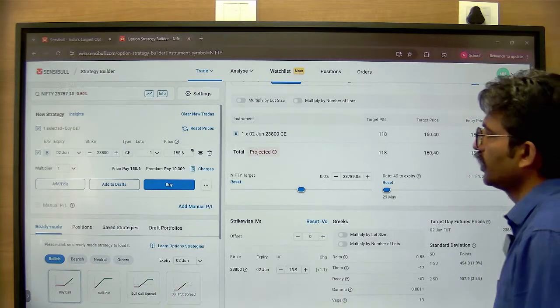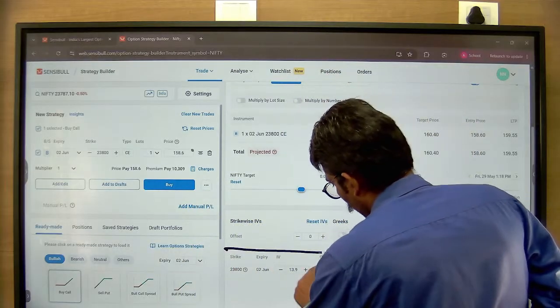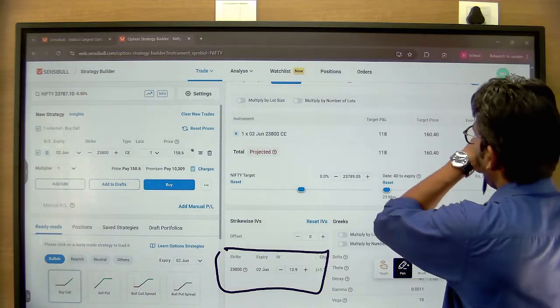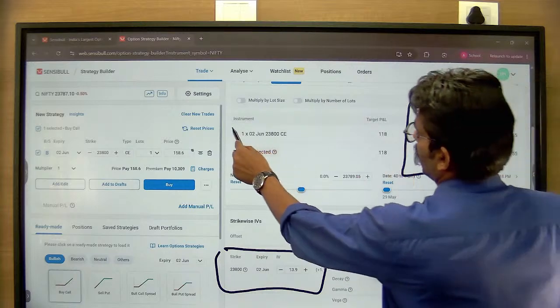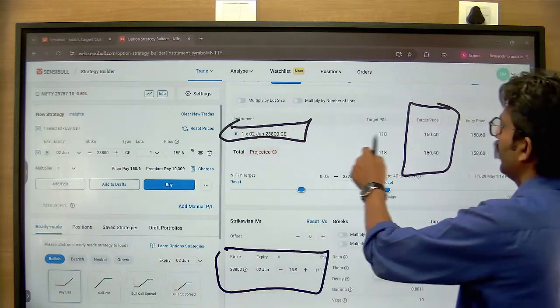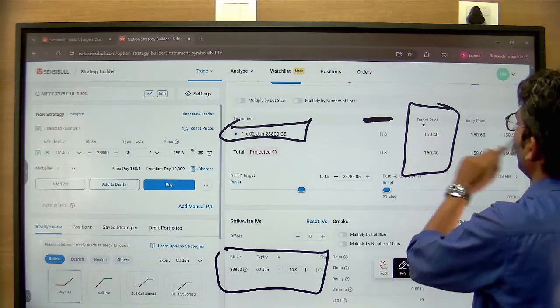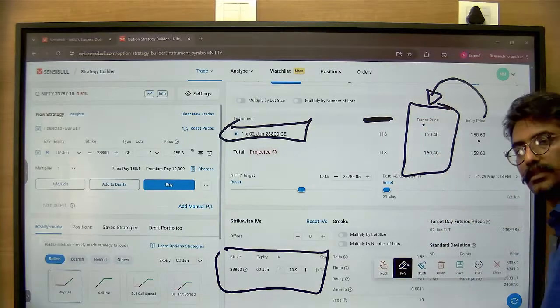The prices right now, don't bother about this one. We are only bothered about this one, and look at this. You have to look at the target price. This is a call option by nature. Forget about the PNL channel, किसी के पैसे बन नहीं रहे यहाँ पे. So target price, this is the buying price, and what is the impact on this price?